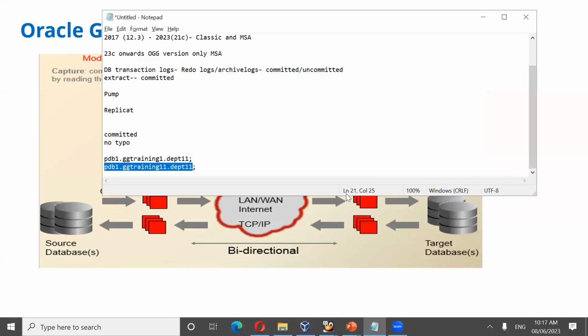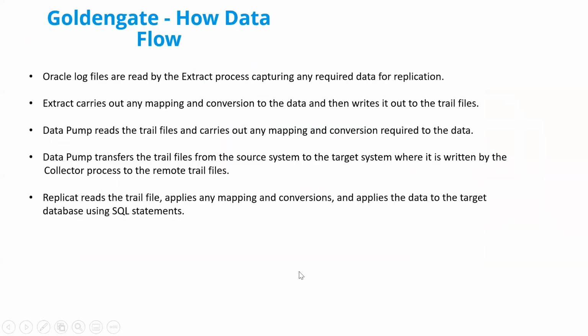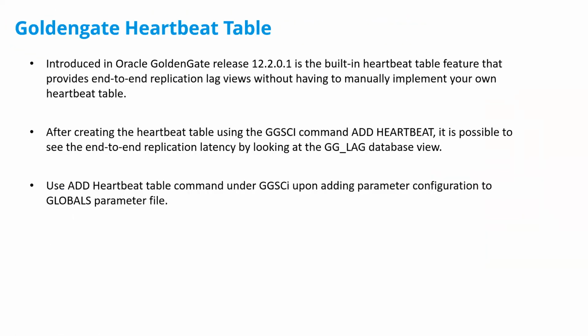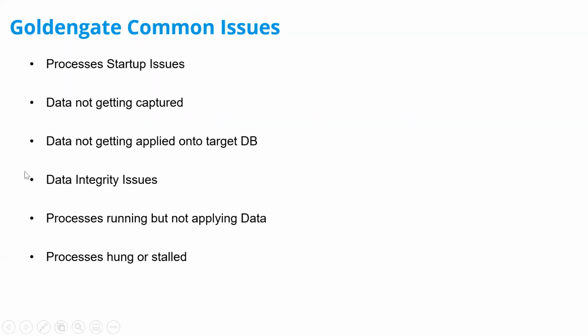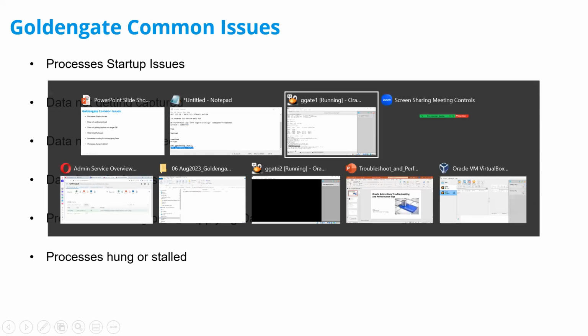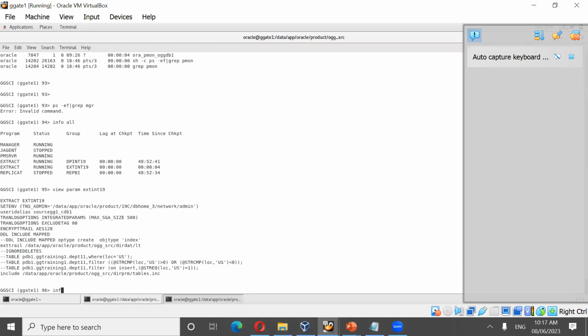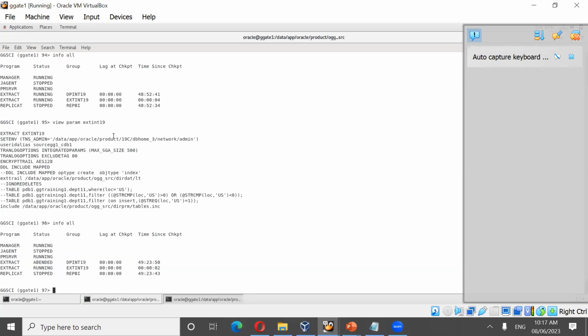So with GoldenGate, most of the issues mentioned over here you can find. Apart from that, suppose I'm running a process, and if I do info all, I see DPINT 19 is abandoned.